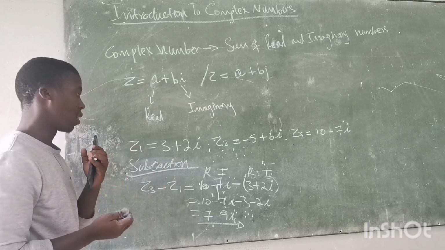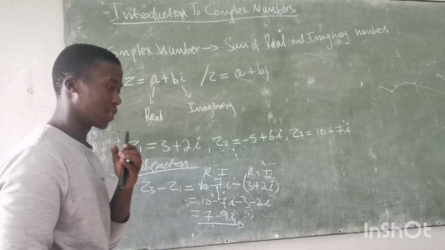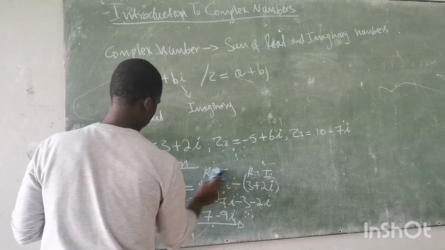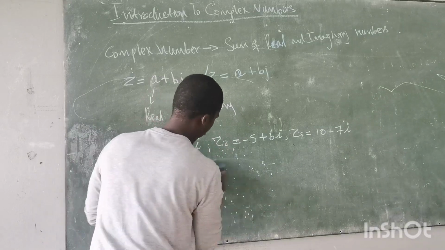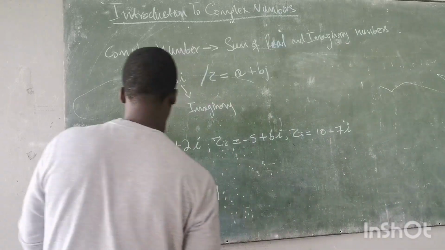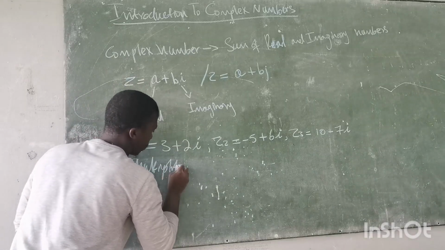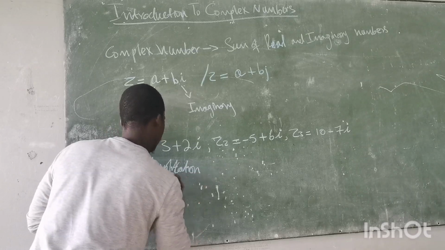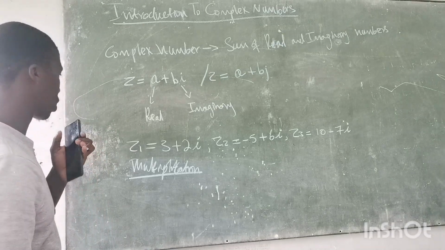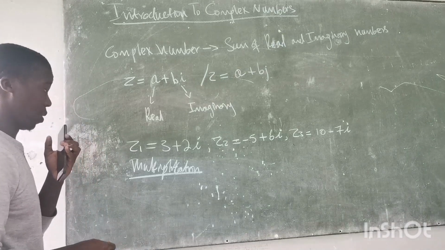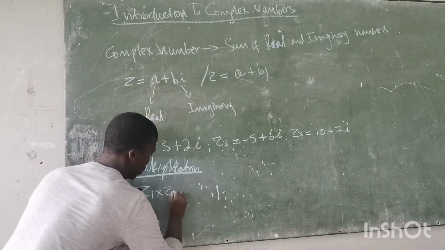Now let's look at the multiplication of complex numbers. So let's multiply Z1 and Z2.